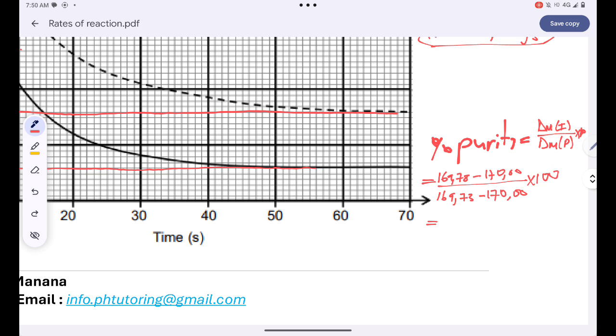So this will simply give me the percentage purity: 169.78 minus 170.00 all over 169.73 minus 170.00, multiplied by 100.